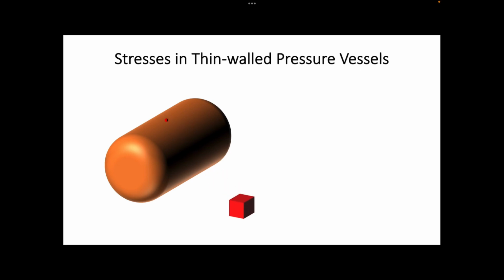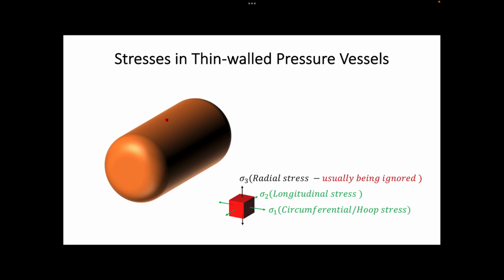Here is a simplified state of stress of the element with the circumferential, longitudinal, and radial stresses. Since for thin-wall vessels the radial stress sigma 3 is very much smaller than the longitudinal stress and circumferential stress, or sigma 1 and sigma 2, it is usually ignored in the analysis.